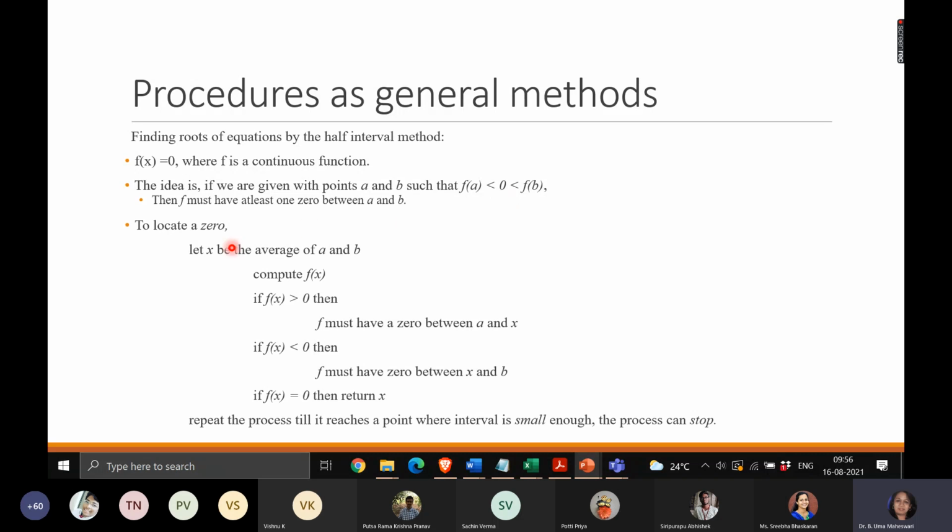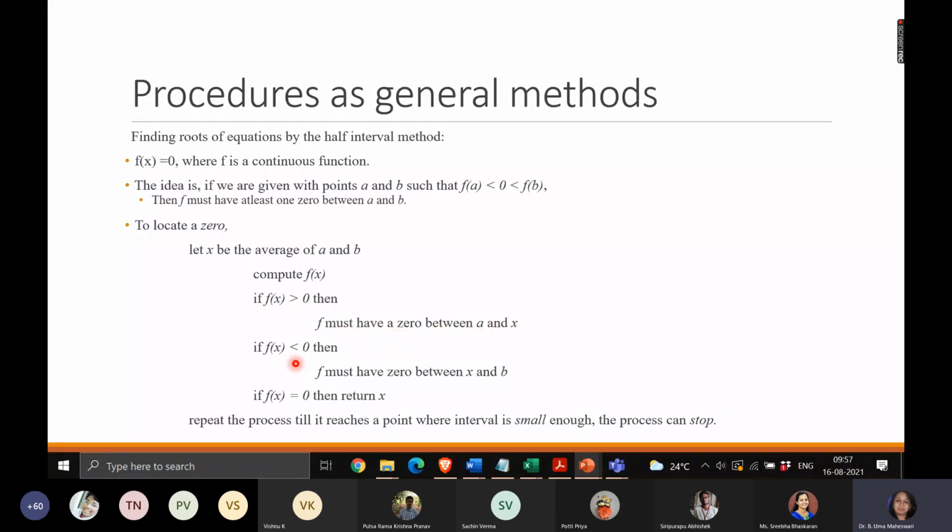And to locate 0, we have to perform many tasks. I'm just writing in the normal way, not in the Lisp language. Now I will find the average of a and b and then compute f of x. If f of x is greater than 0, then f must have a 0 between a and x.